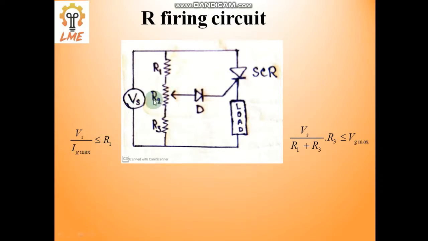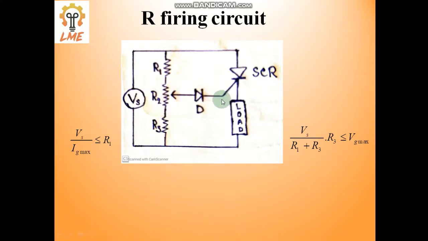And this R2 resistance we are using for varying the input current to the gate terminal. R3 we are using for stabilizing this circuit. What does it mean? This is the gate terminal and this is the cathode terminal.